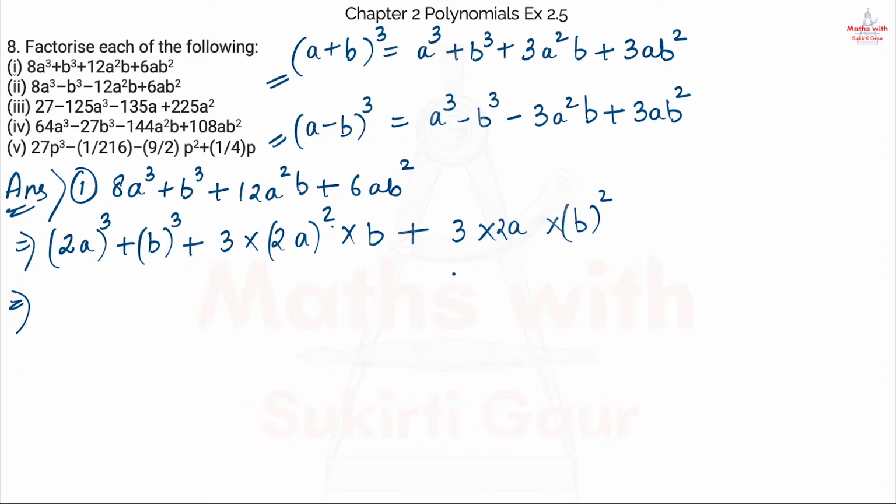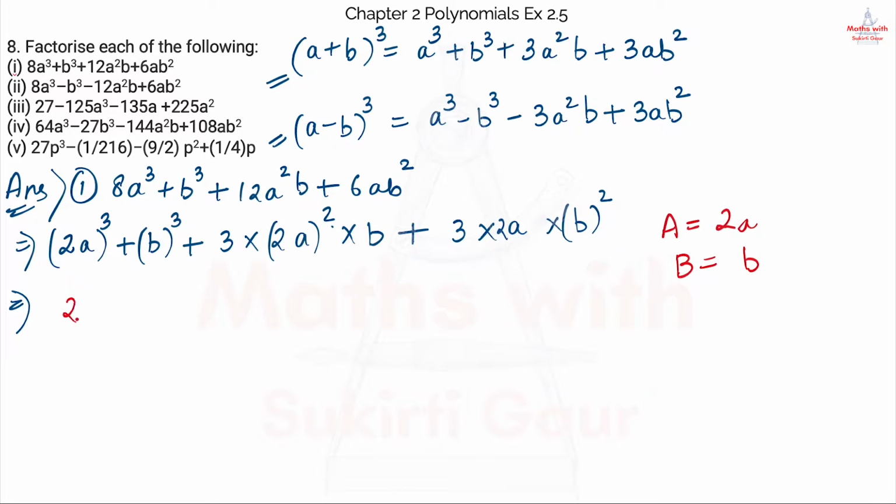Now if you can clearly see here, 8a cube plus b cube plus this 12a square b, I have written in the form of 3a square b. Here I am taking a as 2a and b as b.